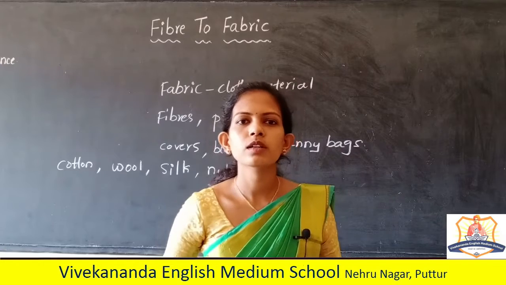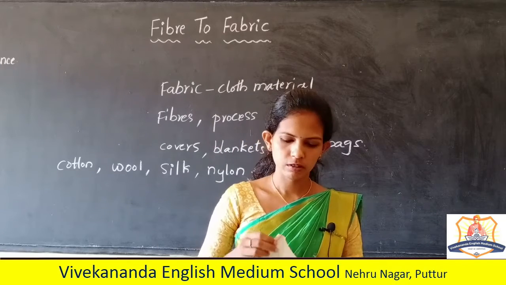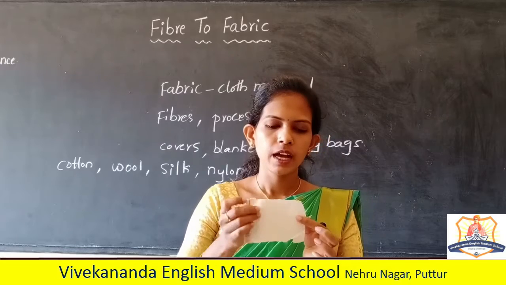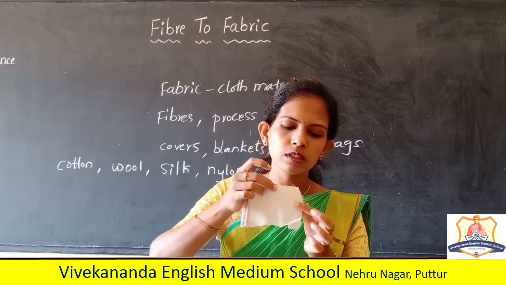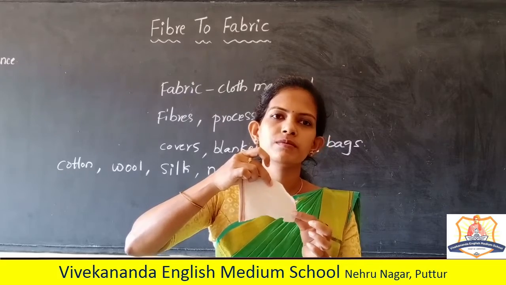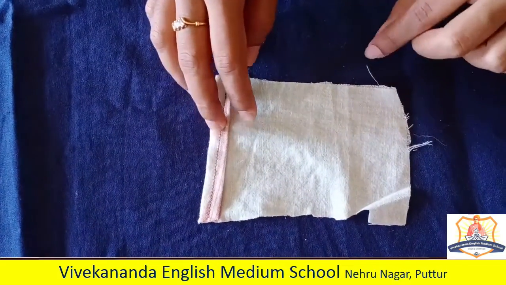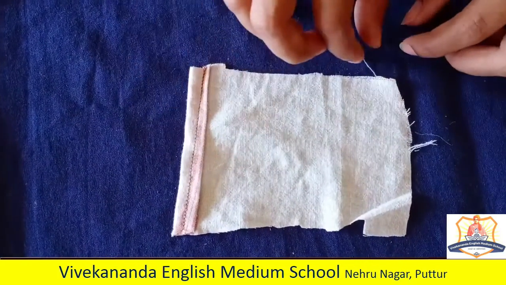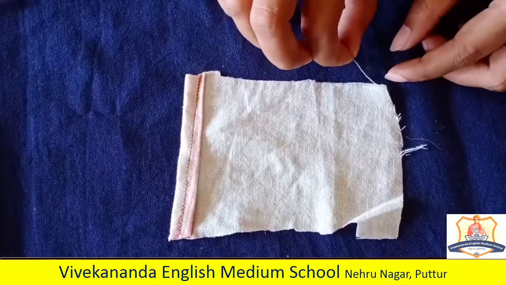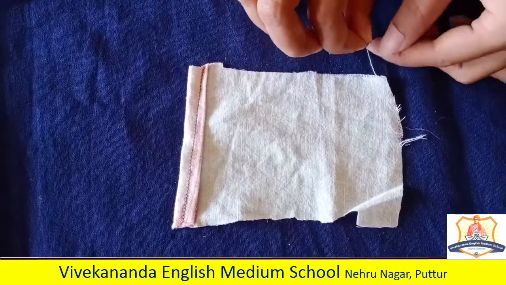Now we will take a piece of cotton fabric. See here, it's a piece of cotton fabric, and we will pull out the loose thread. We can see here a loose thread, and we can pull it out.